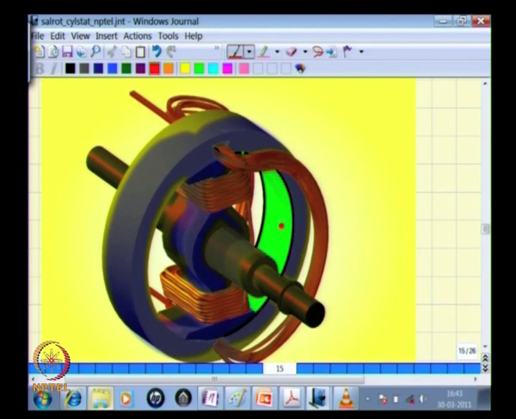And therefore, in order to determine the flux linkage, we will consider this midpoint, that is the center of the cylindrical arrangement, and we will consider a small segment around the circumference of the machine.